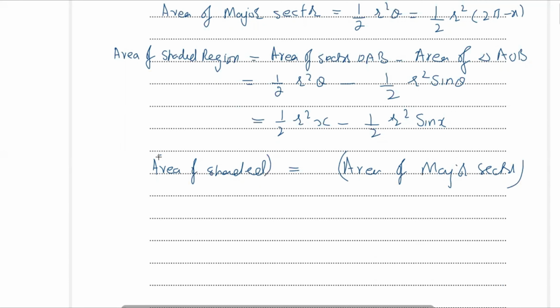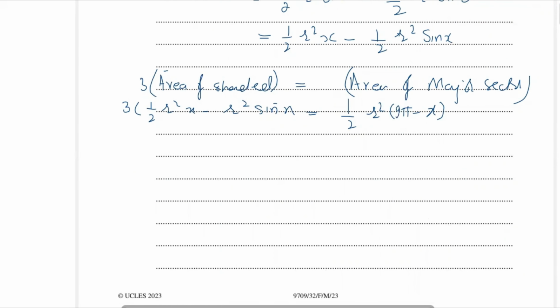Now we multiply 3 to equalize both areas. Now you multiply the area of shaded region. Now you write it as 3 into 1 over 2 r square x minus r square sine x. And that is equal to 2 pi, 1 over 2 r square into 2 pi minus x.